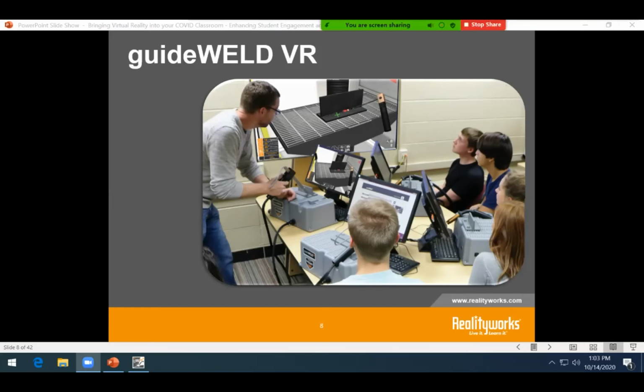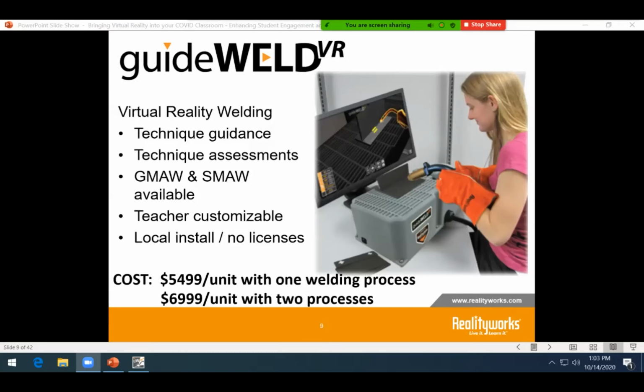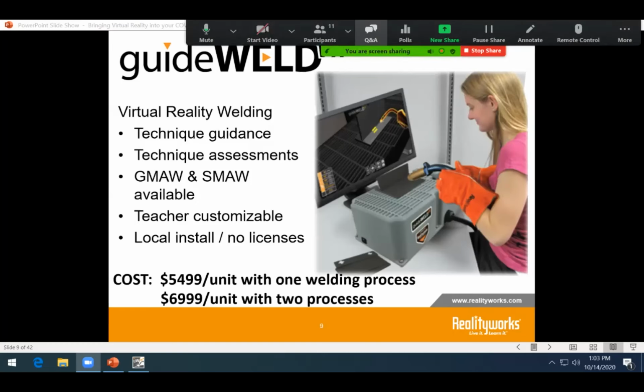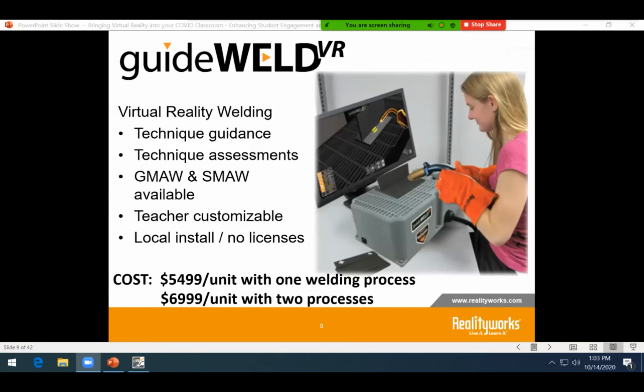guideWELD is one of the welding simulators on the market today. There are others. Part of guideWELD is that it is very user-friendly and very portable. It focuses on MIG and stick welding, and it has the ability for student assessment and also student guidance, getting students to understand proper welding technique as they do their welds.